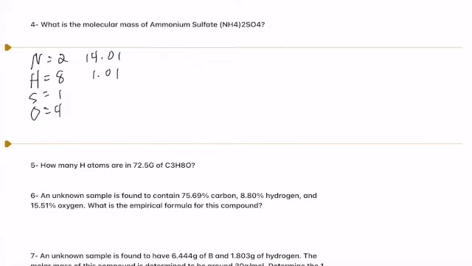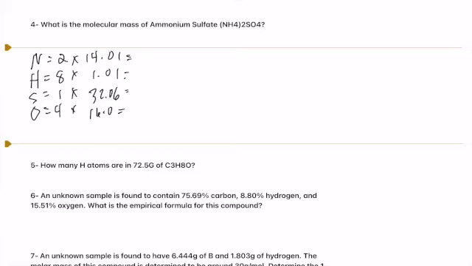We use the periodic table to find the atomic mass for each of those. For nitrogen, 14.01, 1.01 for hydrogen, 32.06 for sulfur, and 16.00 for oxygen.